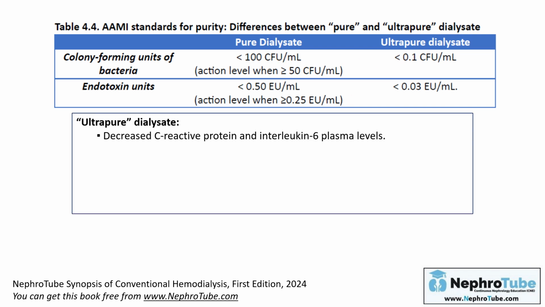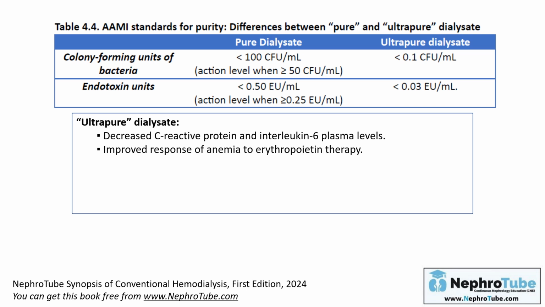So is there evidence that the ultra pure dialysate is better for our patients than the pure dialysate? The answer is yes. There are multiple pieces of evidence showing that ultra pure dialysate decreased the C-reactive protein and interleukin 6 plasma levels.